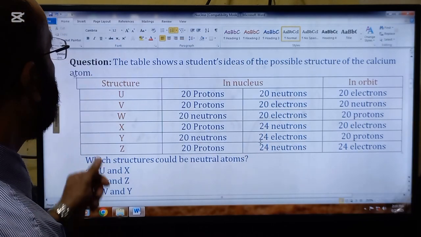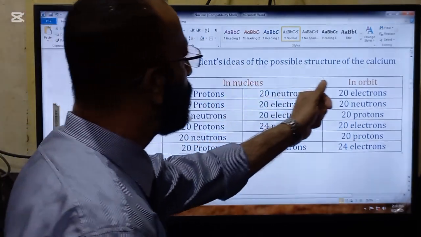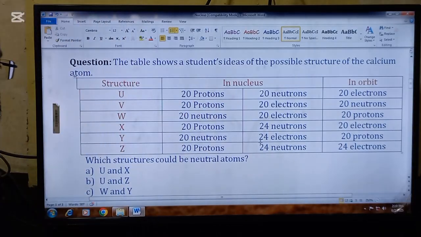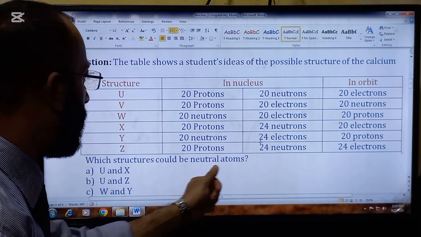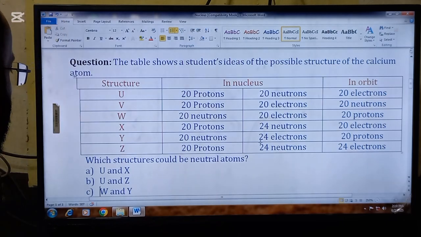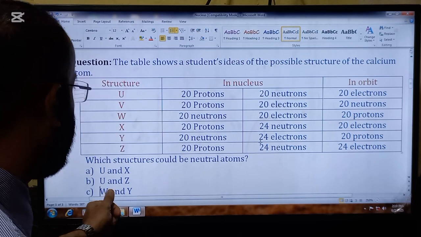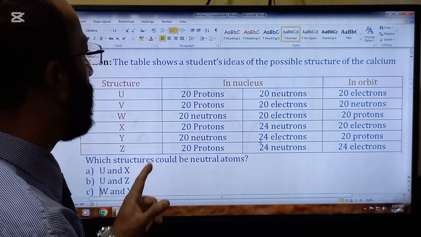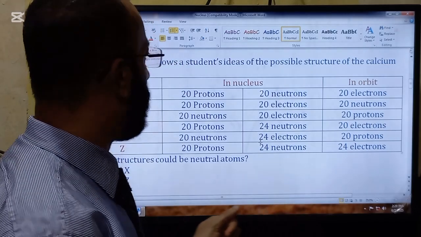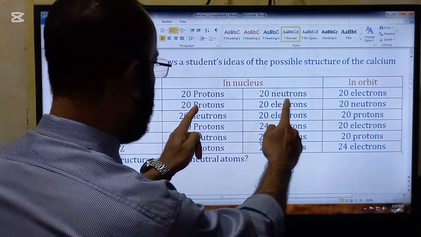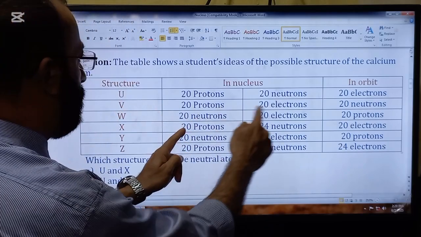Here is a question. The table shows a student's idea of the possible structure of the calcium atom. The question is, which structure could be a neutral atom? So look at the options U to Z. First thing that you should remember, in the nucleus there are protons and neutrons. There are protons and neutrons in the first option, but there are electrons, so V will be cancelled.